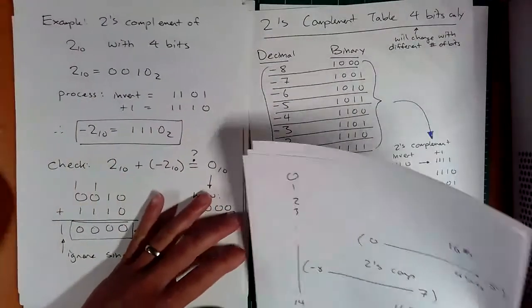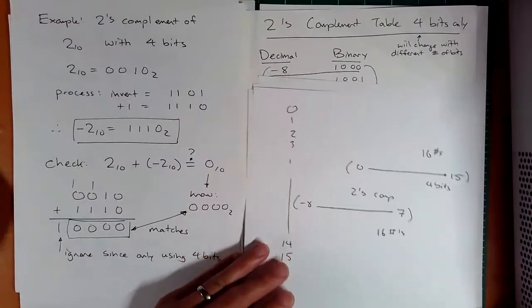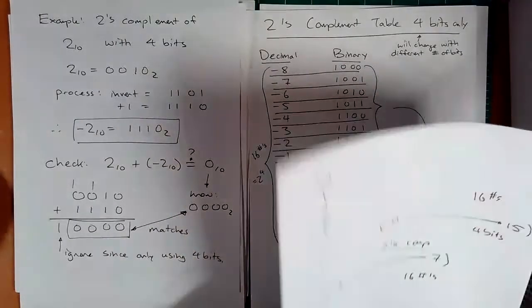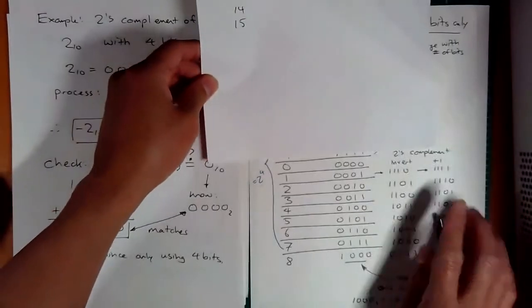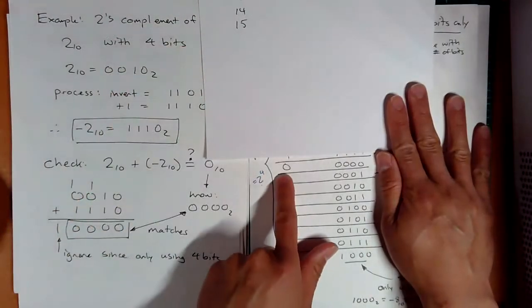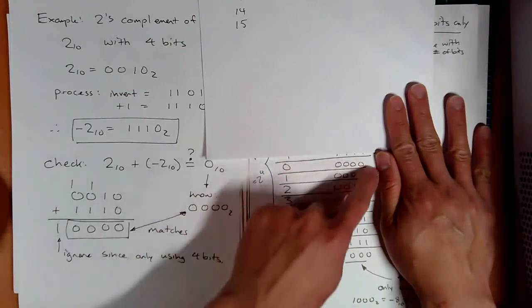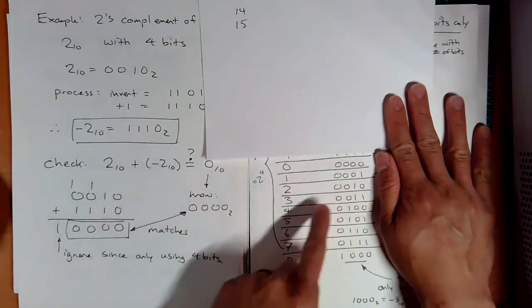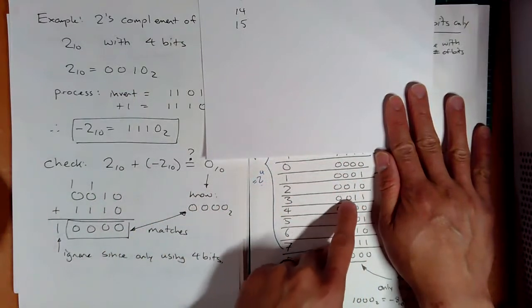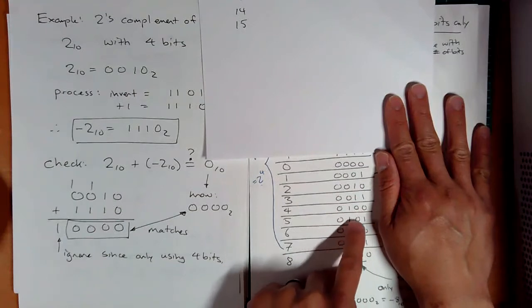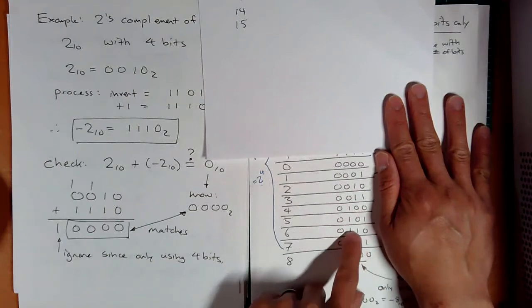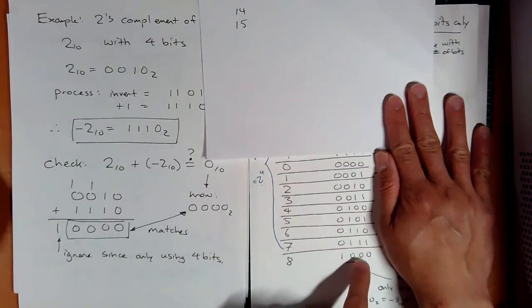Okay. Let's look at our table for 2's complement 4 bits only. Okay, so over here, what I have is the normal binary 0, 1, 0, 0, 0, 1, 0, 0, 1, 0, 0, 0, 1, 1, 0, 1, 0, 0, 0, 1, 0, 1, 0, 1, 1, 1, 0, 1, 1, 0, 0, 1, 1, 1, and 1, 0, 0, 0.